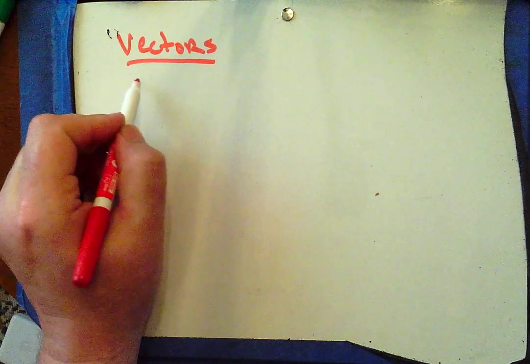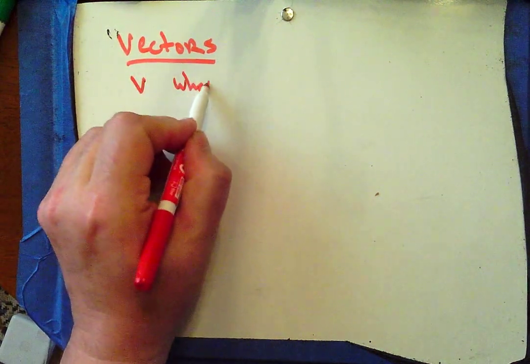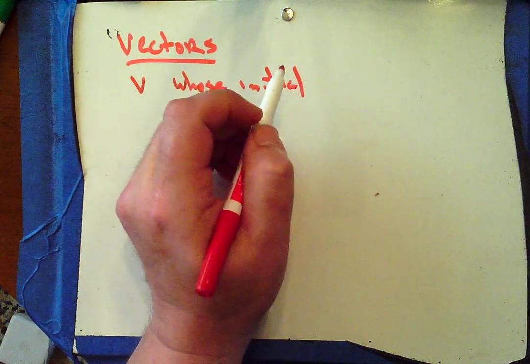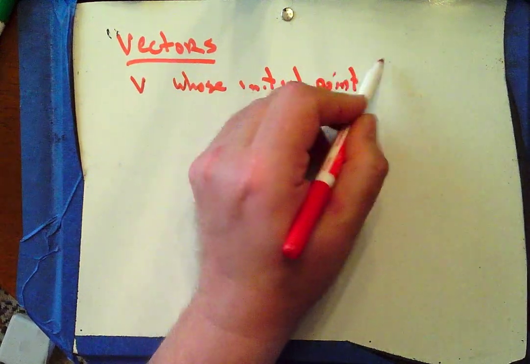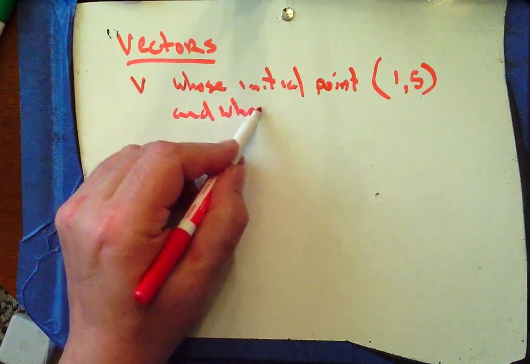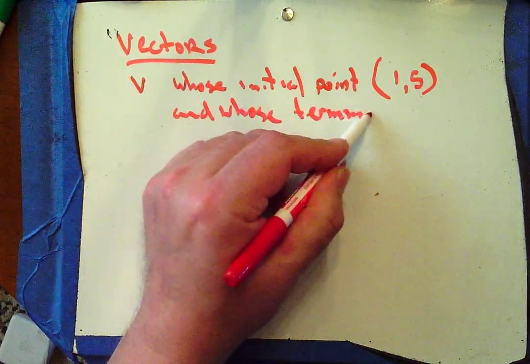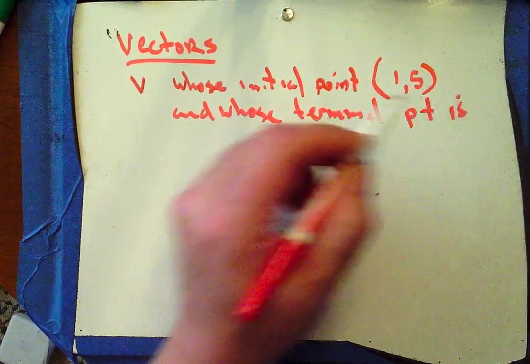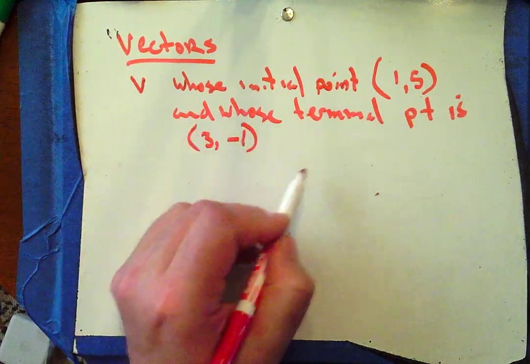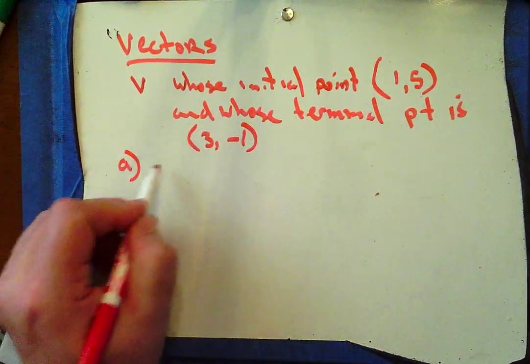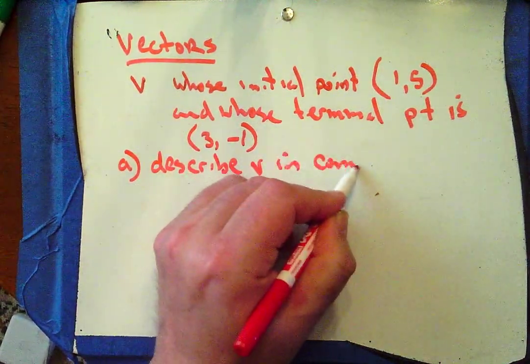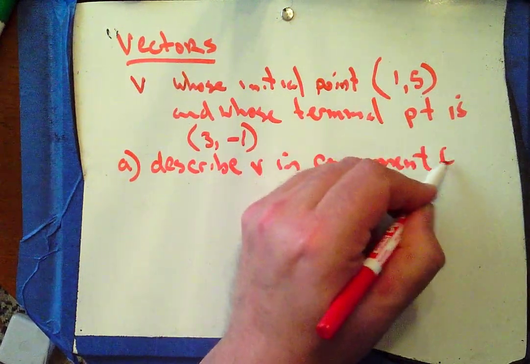So if I have a vector v whose initial point is (1, 5), and whose terminal point is (3, -1), I want to A, describe v in component form.